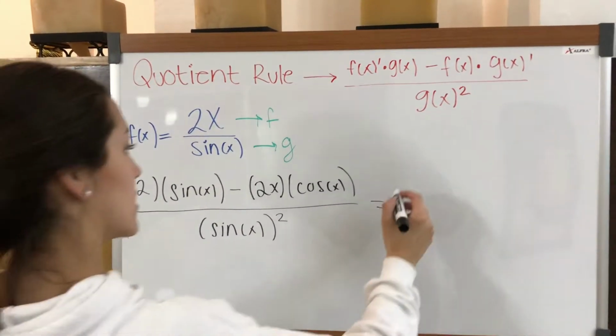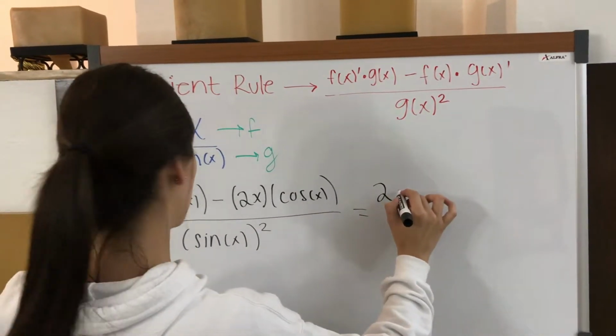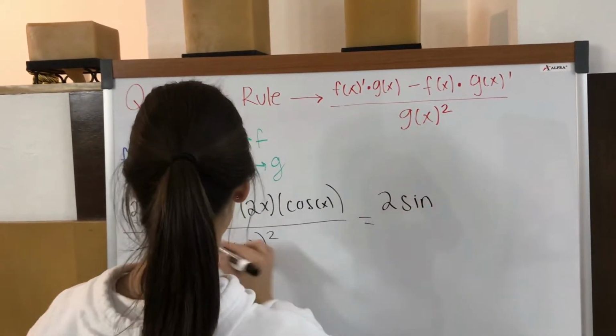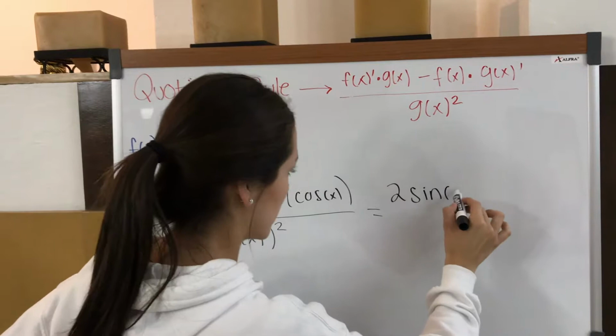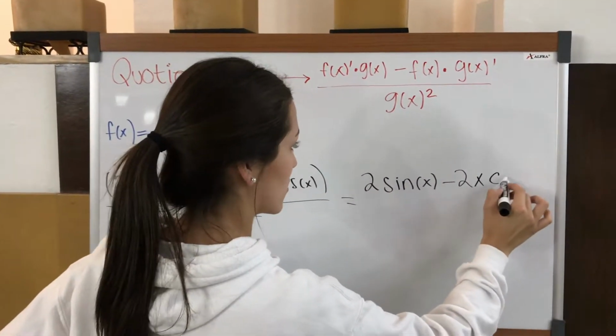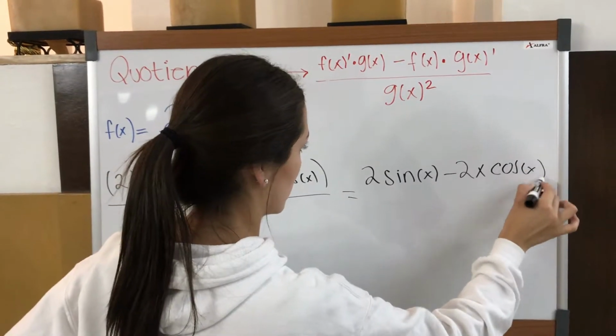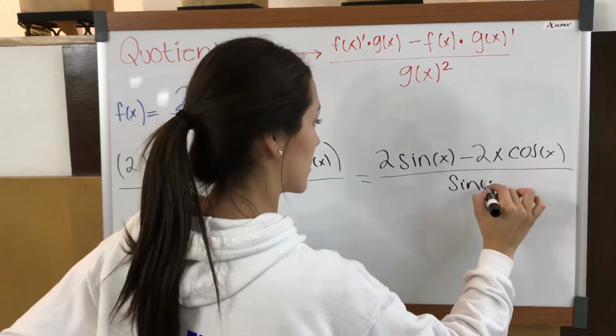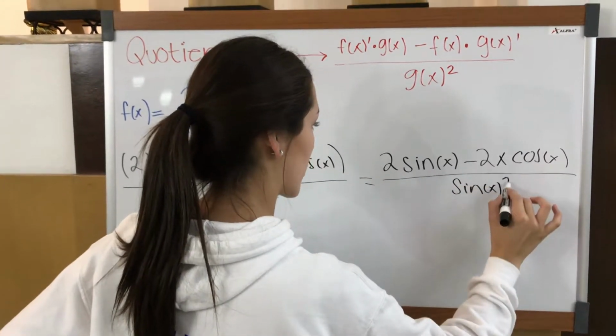So it is 2 sin x minus 2x cos x divided by sin x squared.